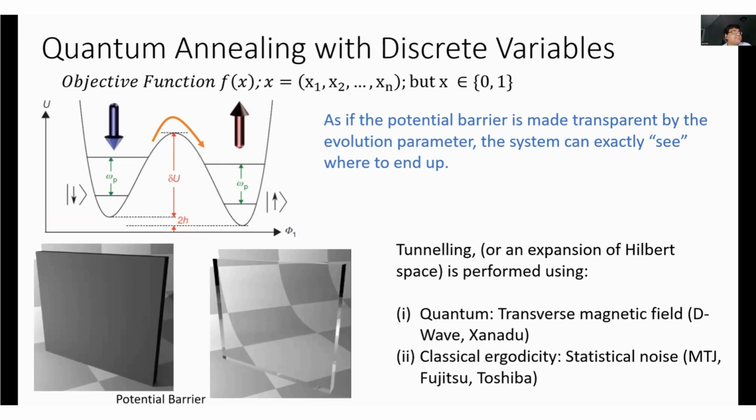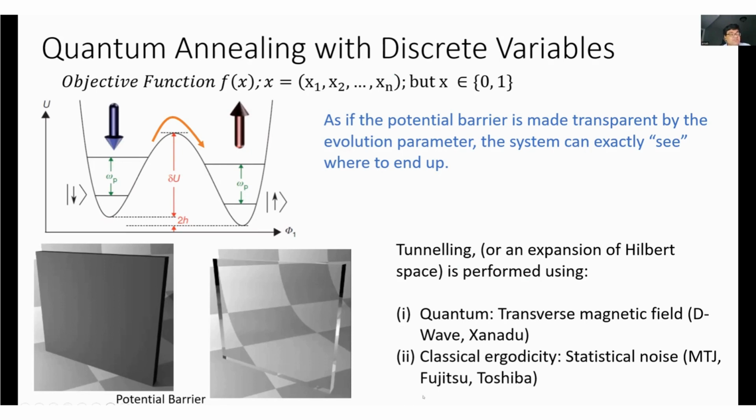The way this tuning is done: if you have a potential barrier, you can make it high and completely opaque, or you can make it low and somewhat transparent. The way this tuning is actually done is using a transverse magnetic field, or, in the case of Fujitsu and Toshiba, using magnetic tunnel junctions and statistical noise in magnetic tunnel junctions.